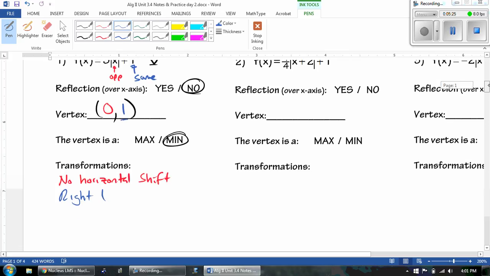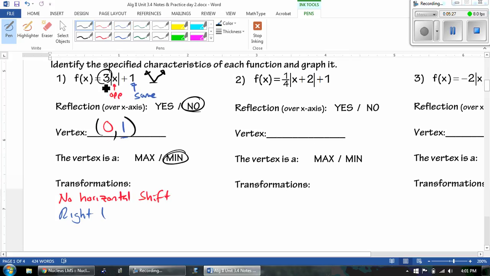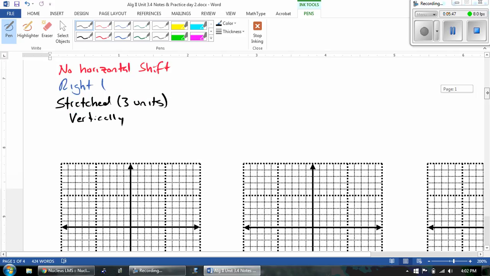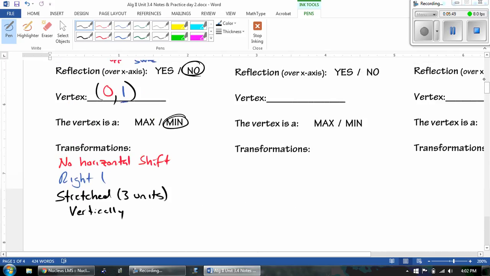And the last thing that we're going to talk about is our rate of change, and that rate of change is saying that it is being stretched 3 units vertically. Oh, I'm sorry, that right one, Mr. Grice, please change that. That was because that was our vertical shift, where we went up one.